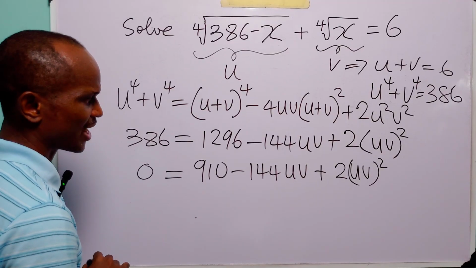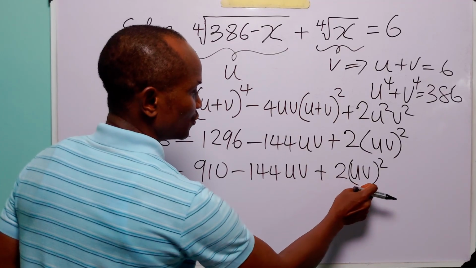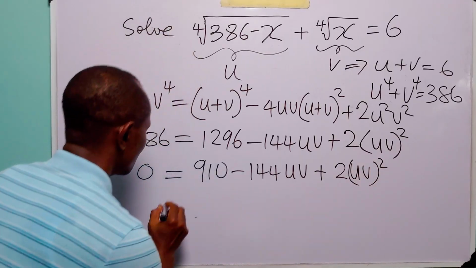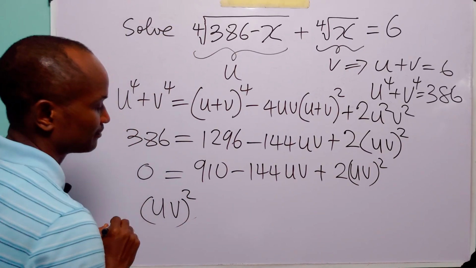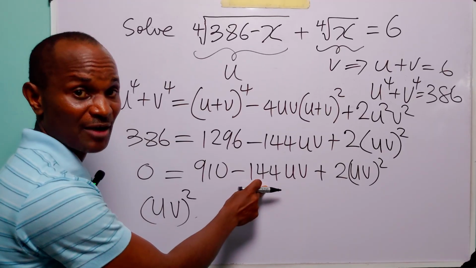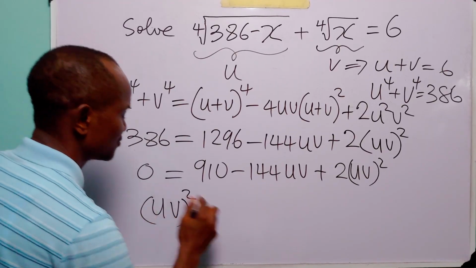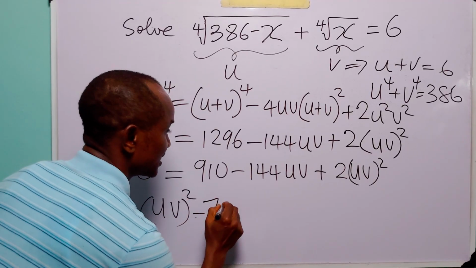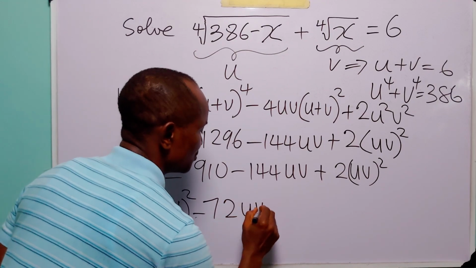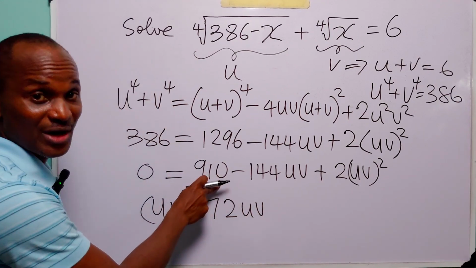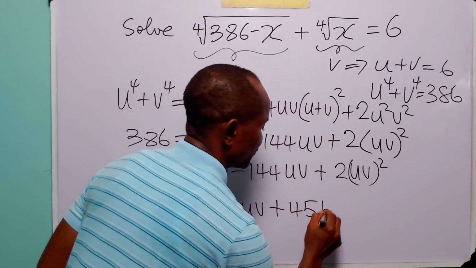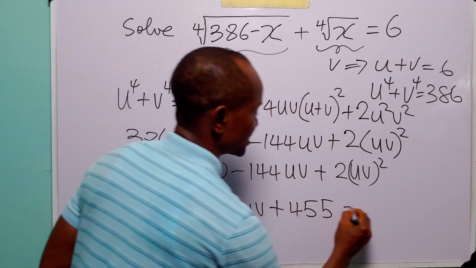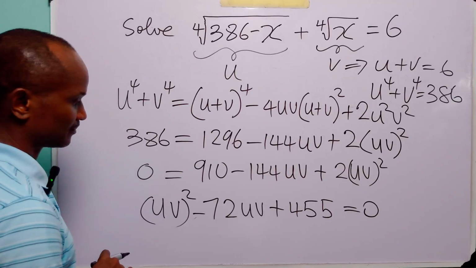When we do that and rearrange, 2 uv squared divided by 2 is uv squared. Minus 144 uv divided by 2 is minus 72 uv. And 910 divided by 2 is plus 455. And everything is equal to 0.